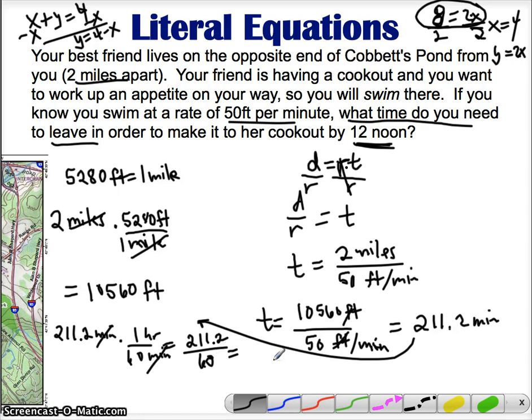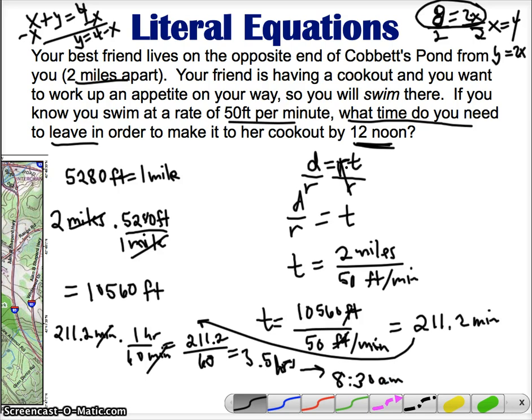That gives us 3.5 hours. Therefore, if you want to be there by 12 noon, you need to leave at approximately 8:30 a.m. And that's how I figure that out.